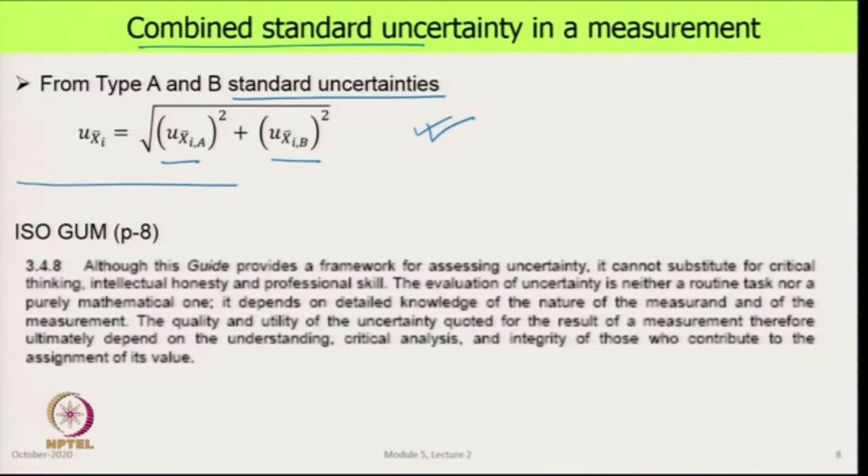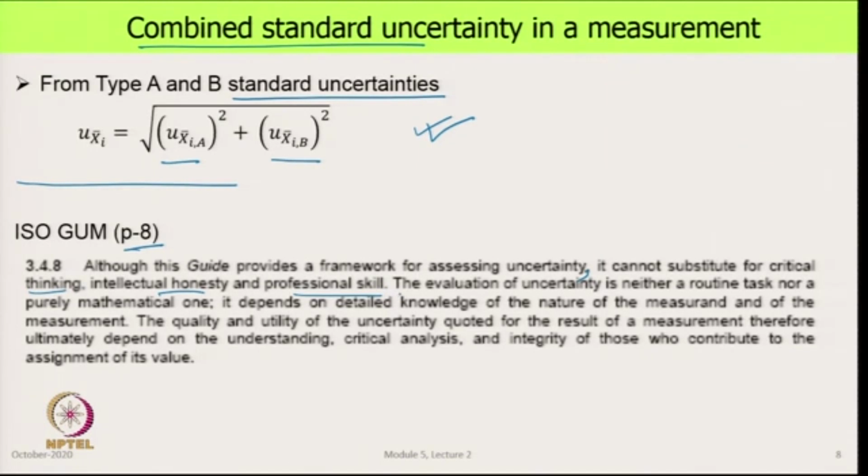I have reproduced here from page 8 of the standard a few lines which I will read out, and it gives a perspective on what uncertainty analysis is all about. And it says, although this guide provides a framework for assessing uncertainty, it cannot substitute for critical thinking, intellectual honesty, and professional skill. In the end, the human being, the experimenter, is the key in this.